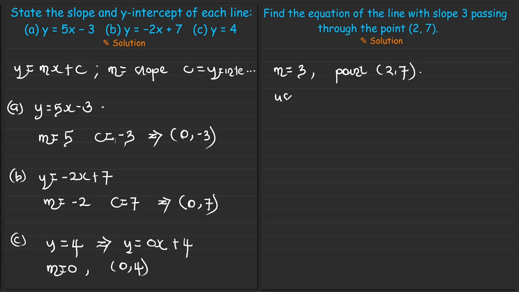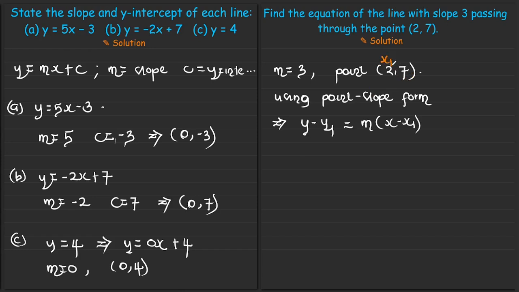Since we have the slope and then the point, we use the point slope form. So you start by saying using the point slope form, and we know what the point slope form says. It says we have y minus y1 is equal to m into bracket x minus x1. So with that, let's take note of what our y1 is going to be and then our x1.